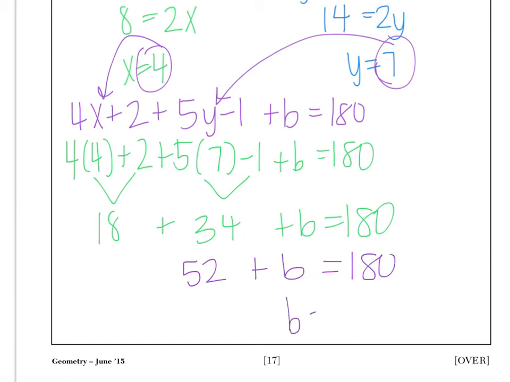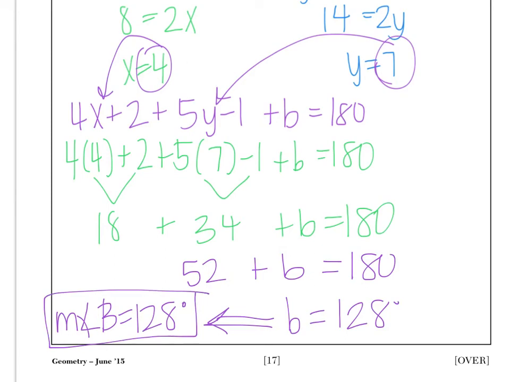So then b equals 128, which means because we called angle B, the measure of angle B is equal to 128 degrees.